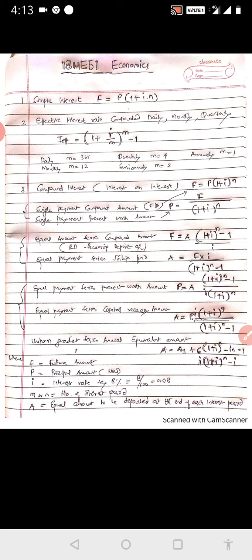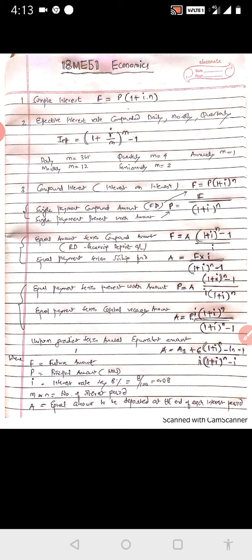Now first is single payment compound amount. Single payment compound amount means, suppose you invest 1 lakh rupees now, or your parents might have invested some money, that is known as fixed deposit. So this deposit will be in the bank or post office or any finance corporation for a certain period of time, N, and then the interest rate will be there, whatever it is, 5%, 6%, 7%.